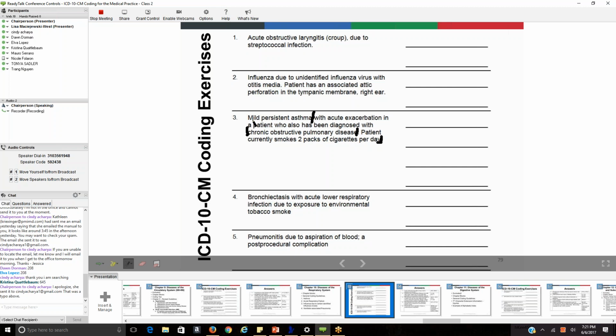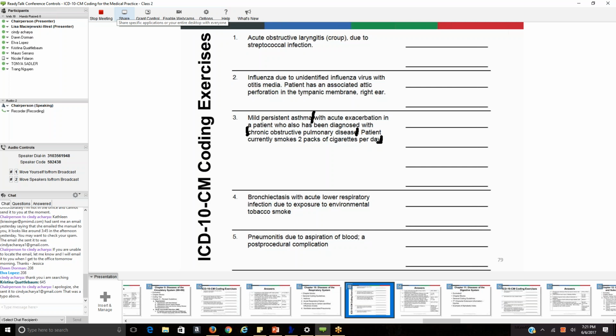So the first thing we do is we code the mild persistent asthma. So let's go to our keyword. Let's look up asthma. I have page 31. And I have mild persistent. Mild intermittent, this is on page 32.